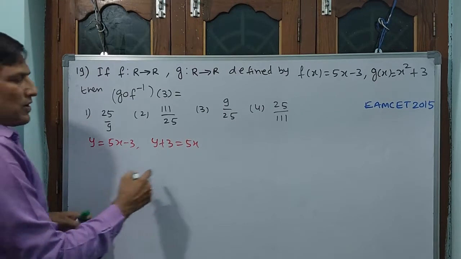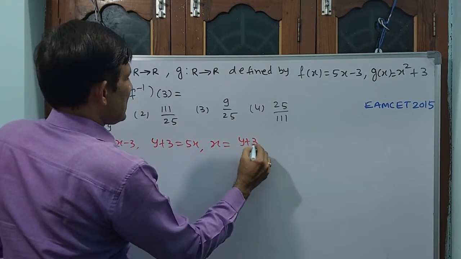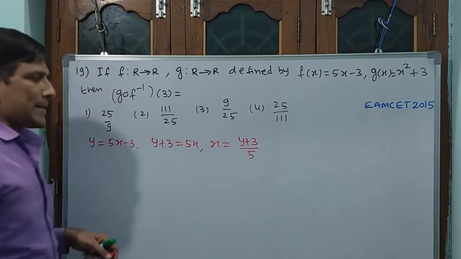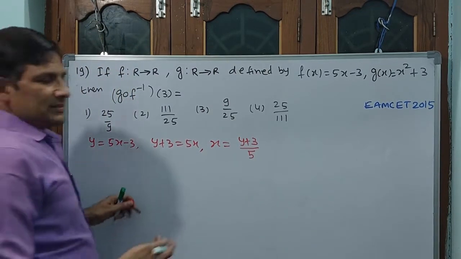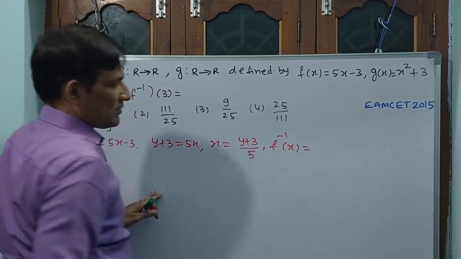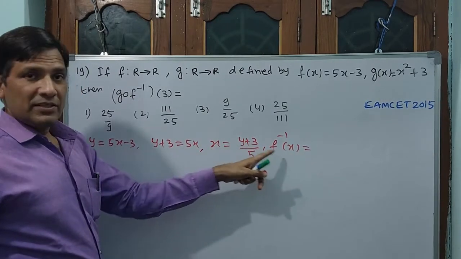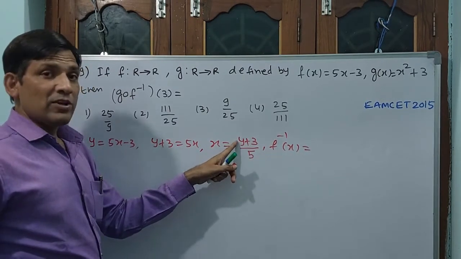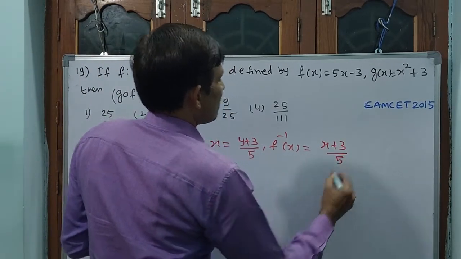Then x is equal to y plus 3 by 5. This is the x value. You want f inverse of x, that means y you have replaced with x. So f inverse of x is equal to x plus 3 by 5.